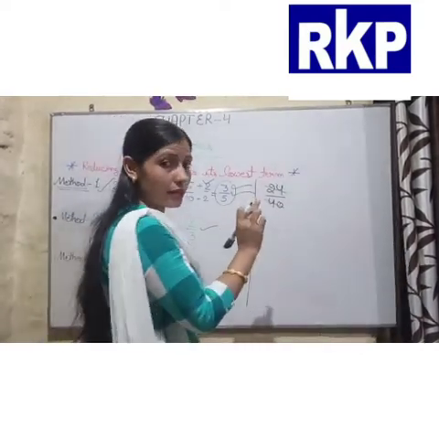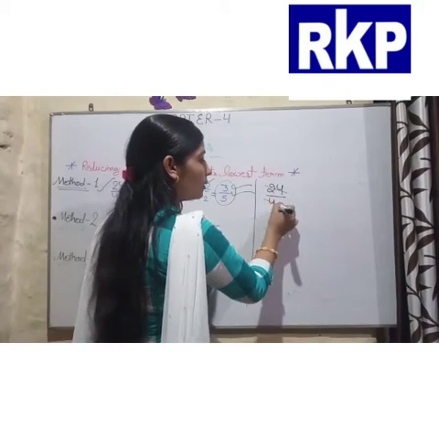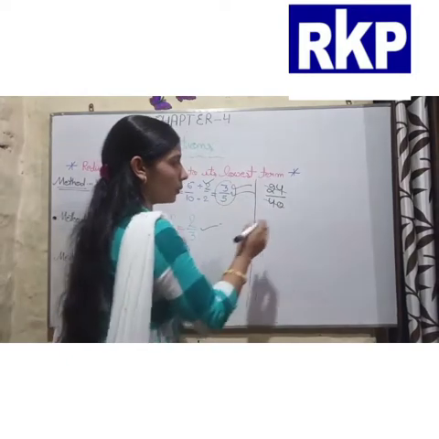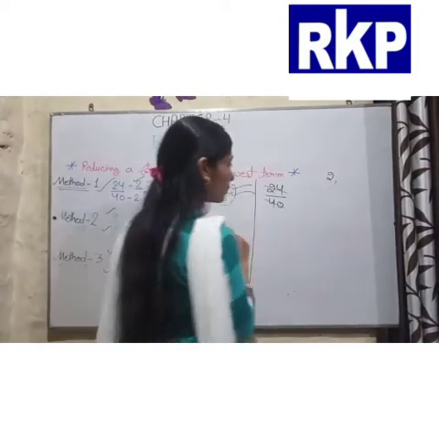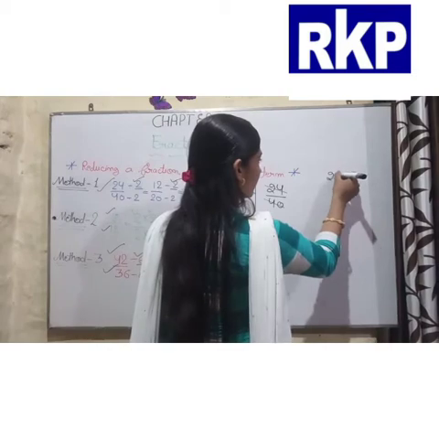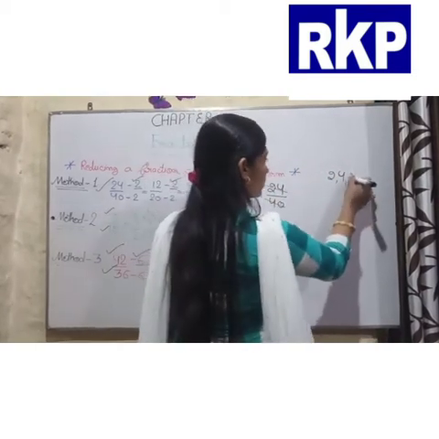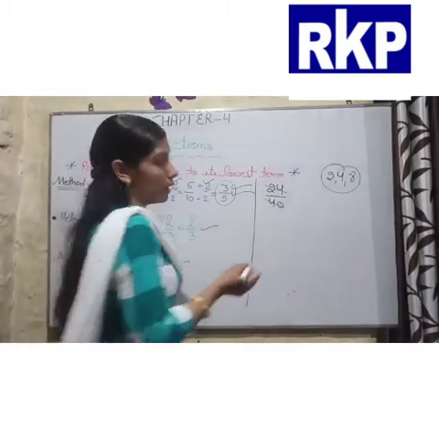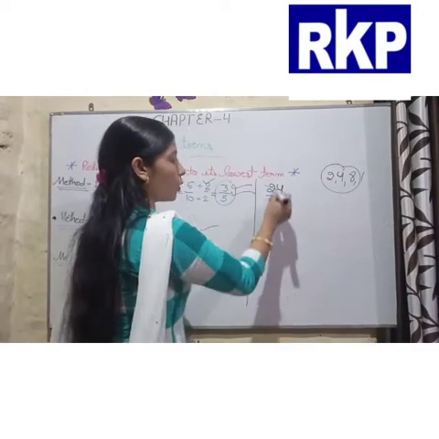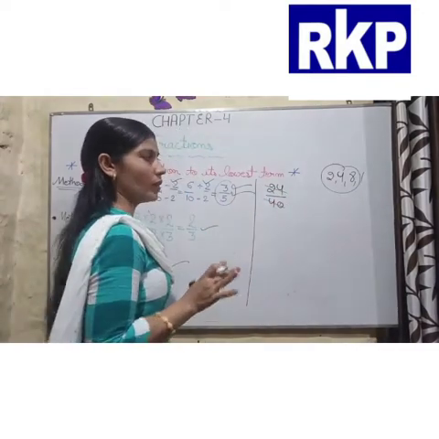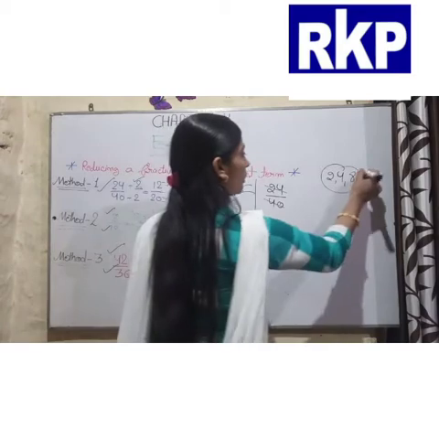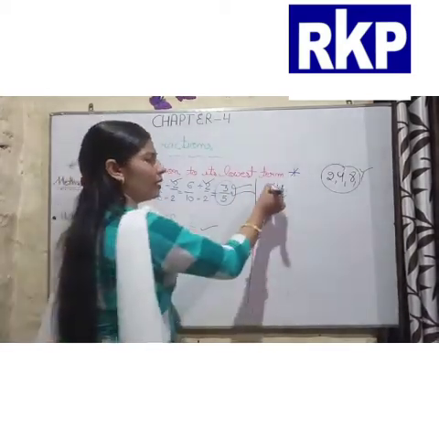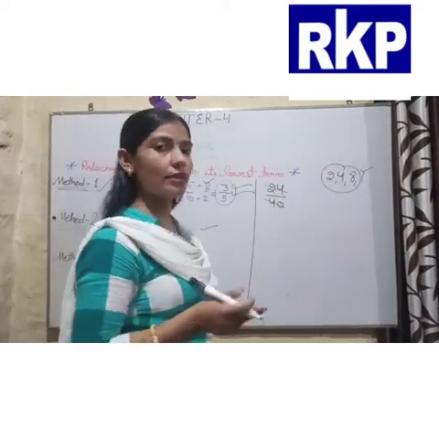So here we can see 24 and 40, and we have 2, 4 and 8 as common factors of 24 and 40, and 1 also is a common factor, but we cannot divide by 1 here, because when we divide any number by 1 we get the same answer.